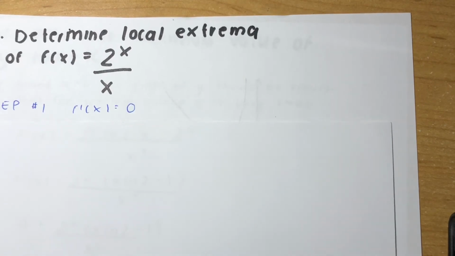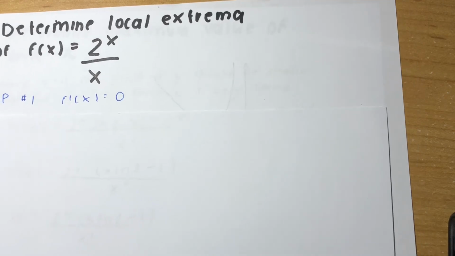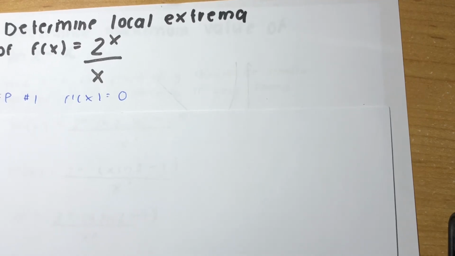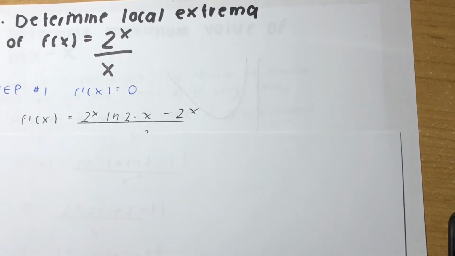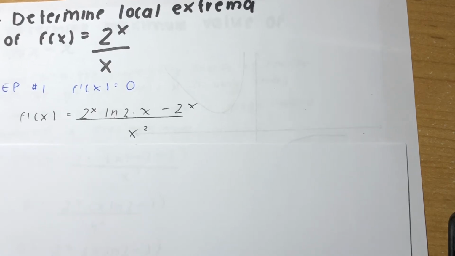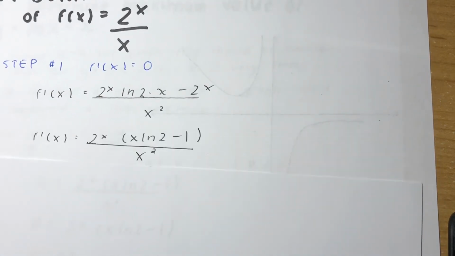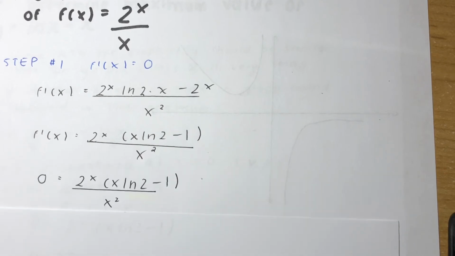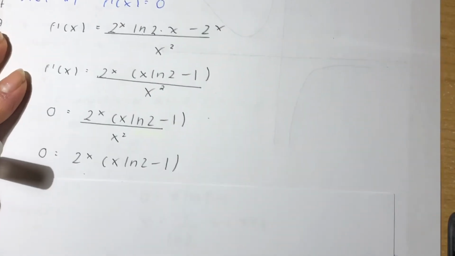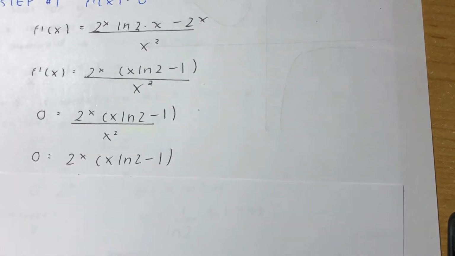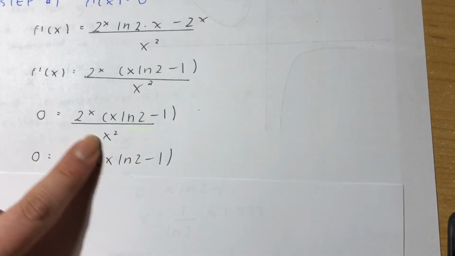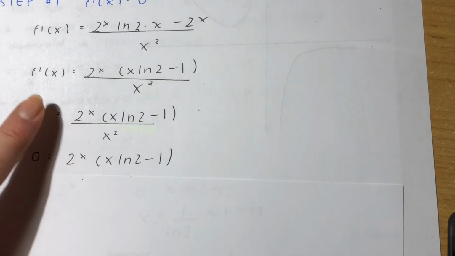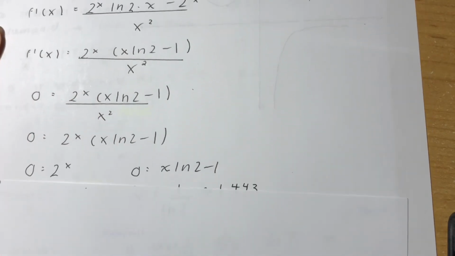So what we would do initially is step 1, just like in the other question: set the derivative equal to 0. First of all, we have to find our derivative, factor, and set our derivative equal to 0. When we do so, our x squared eliminates in the denominator because we're multiplying both sides by x squared.